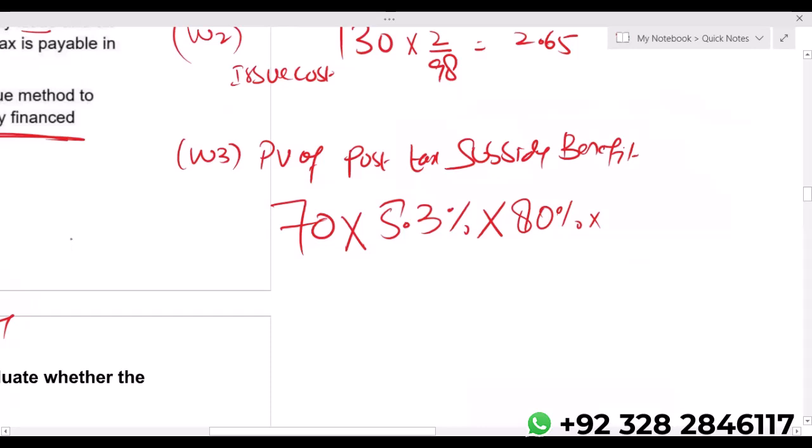I'm doing the discounting at normal borrowing rate, which is 8%. So we'll be using the annuity factor for the first 4 years at 8%. Let me calculate. 1 minus 1.08 power minus 4. Students, I'm getting annuity factor 3.312.